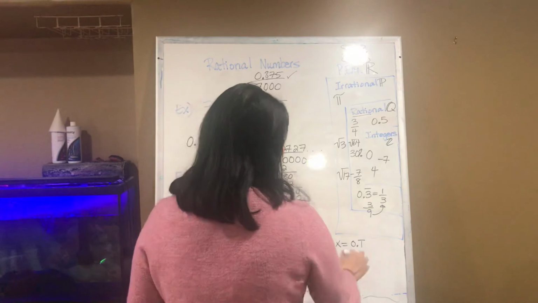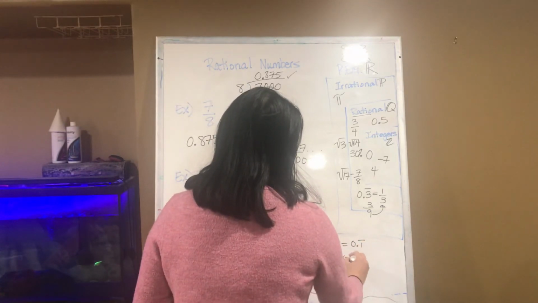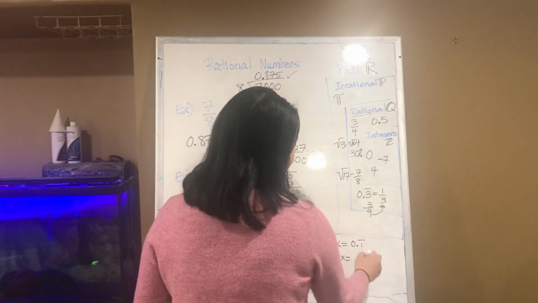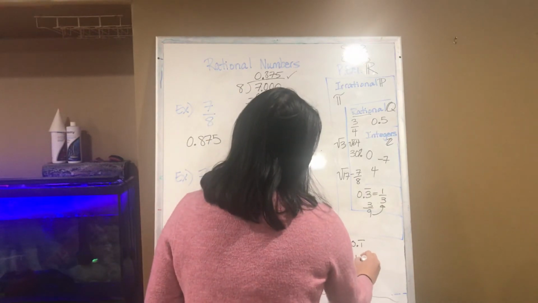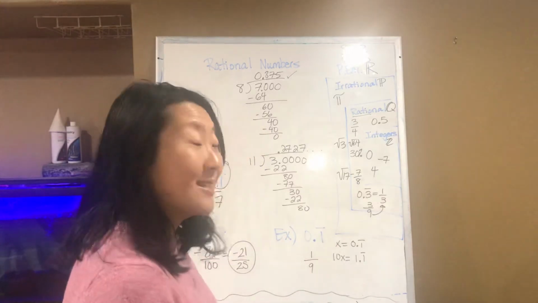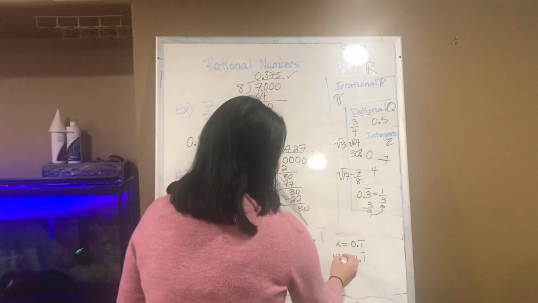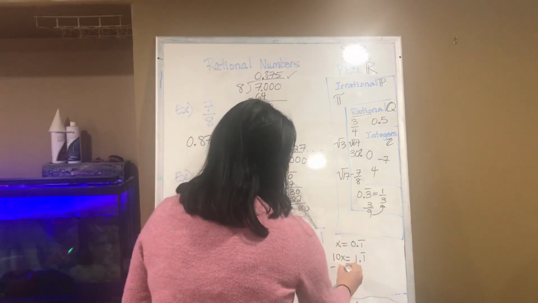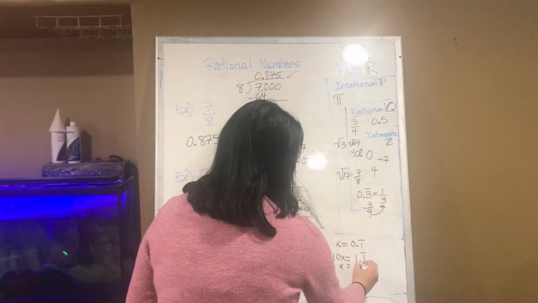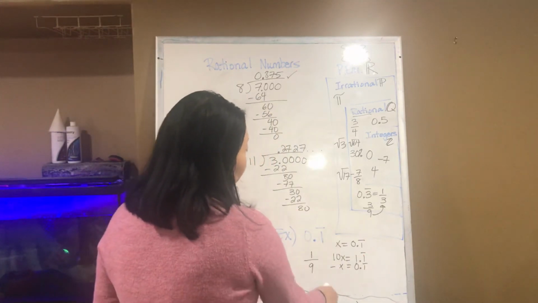And if I do that, I'm going to get 10x is equal to, multiplying by 10 is just moving the decimal over, 1.1 repeating. Now why did I do that? Because now I can actually subtract my original equation. So I can subtract x equals 0.1 repeating from my new equation.